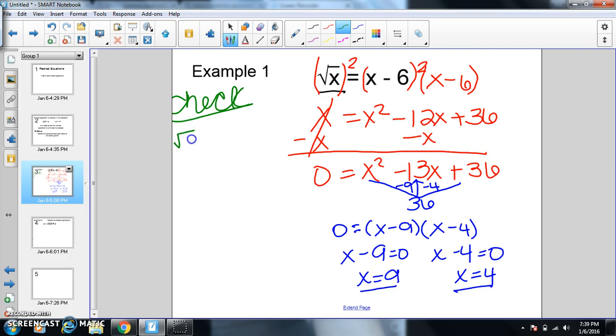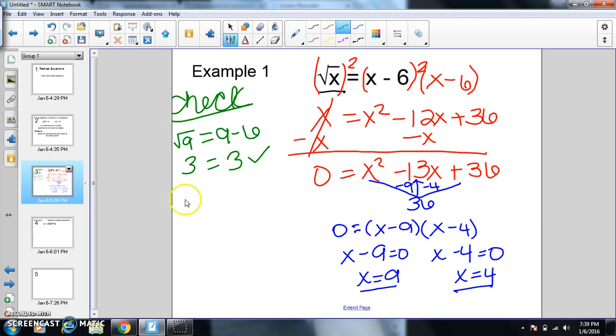So the square root of 9 is equal to 9 minus 6. The square root of 9 is 3. Here we are just going to use the positive answers when we're taking the square root. So the square root of 9 is 3, and that is equal to 9 minus 6, which is 3. Check.